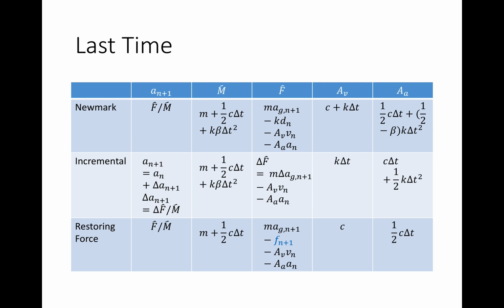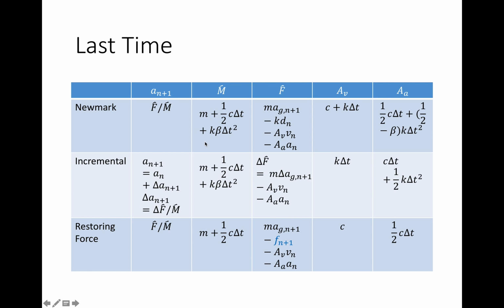Until last time, we learned the Newmark beta method, the incremental method, and the restoring force-based method. As the Newmark beta method only uses k as a constant, we cannot update k for every step.